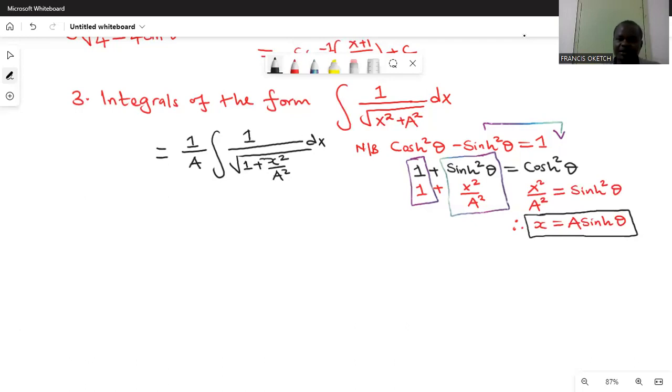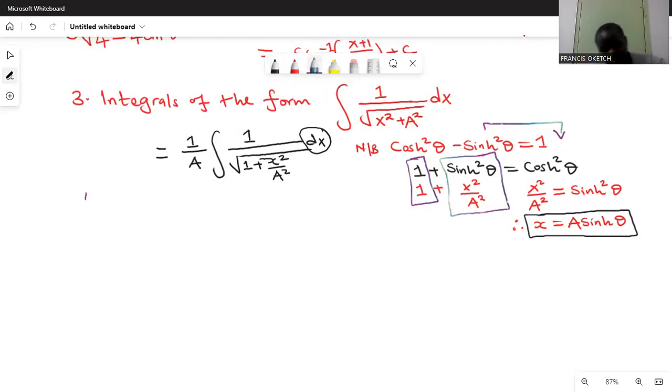And I told you that every time you make a substitution, you must be able to find the corresponding differential, because we also need to know what dx will be. Look at our integral, there's dx, so we need to replace even that one. So I'll have to differentiate x with respect to theta.